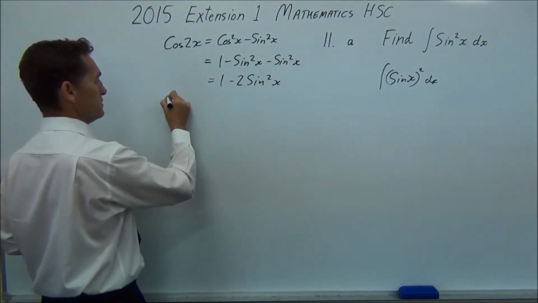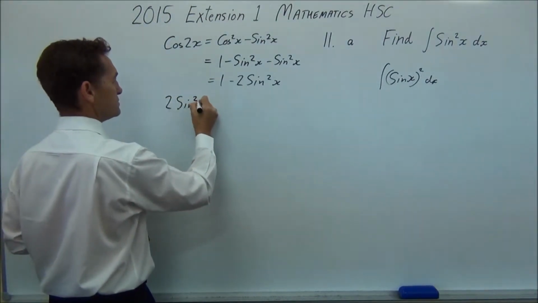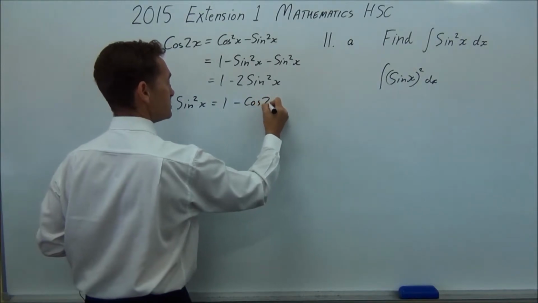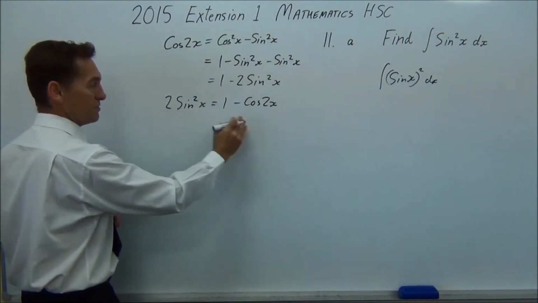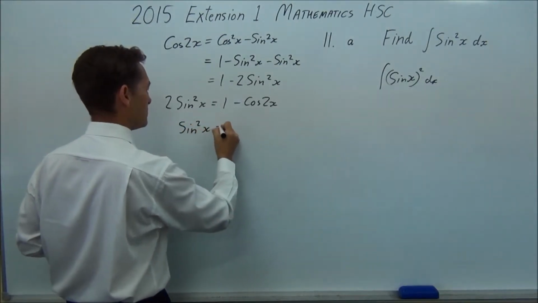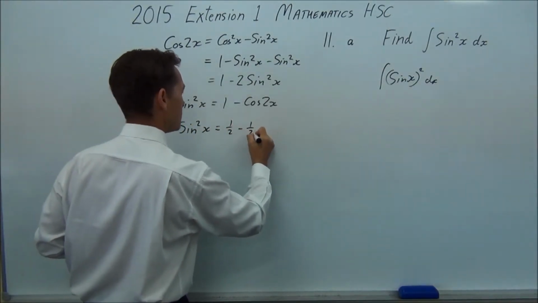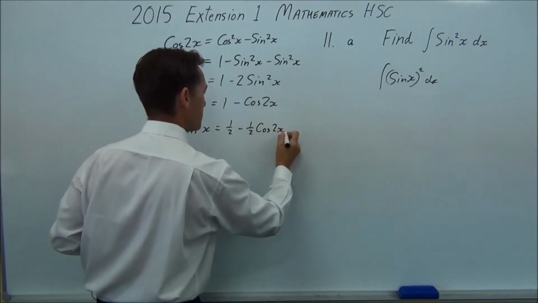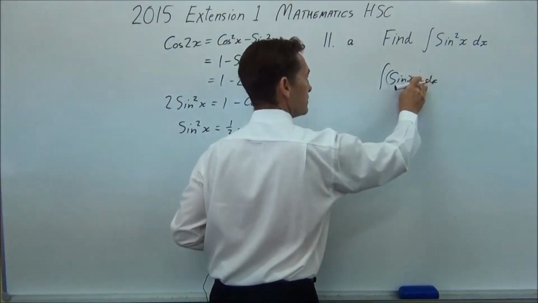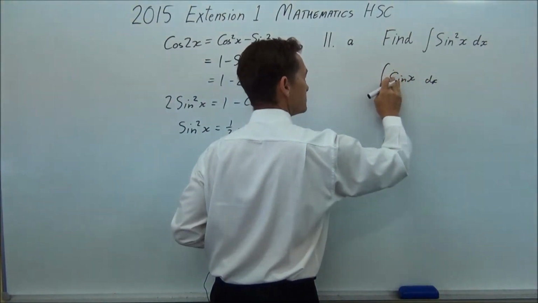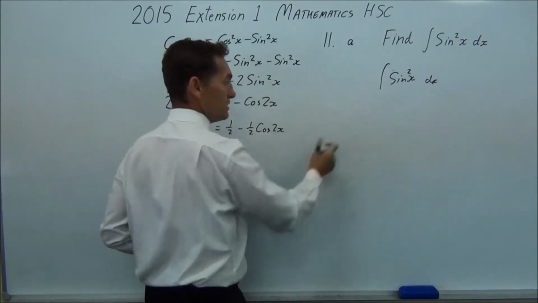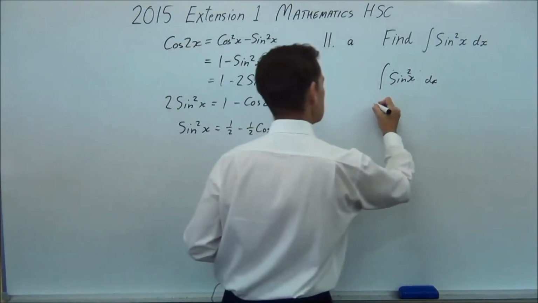So I'm going to get 2 sine squared x equals 1 minus cos 2x. Now I'm going to divide by 2. And now I'm going to put that in there. It's sine squared x, so we're going to put that in there, and it'll work quite easily.